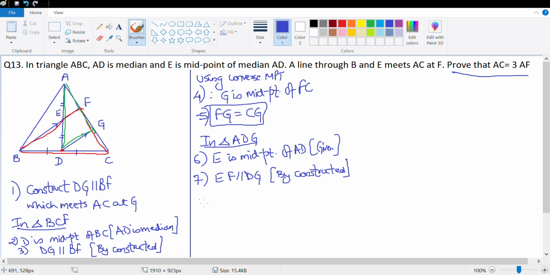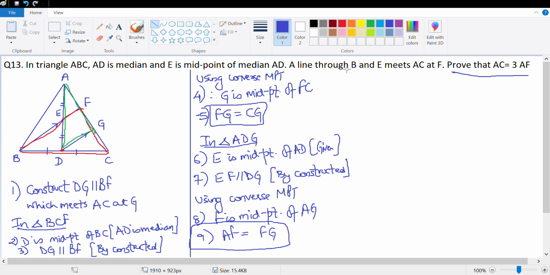Which means again we can use the converse midpoint theorem. So using converse midpoint theorem, what do I get? I get F is midpoint of AG. What it means is AF is equal to FG.